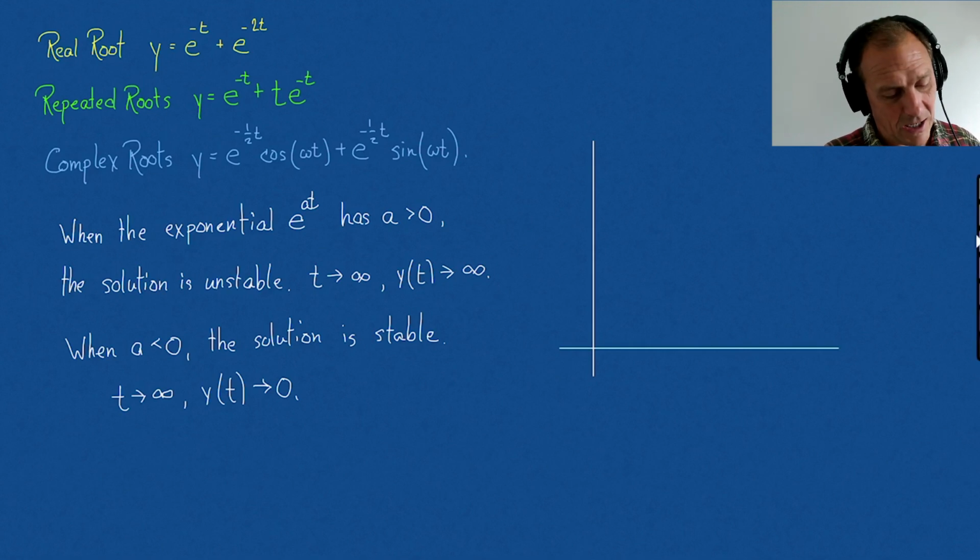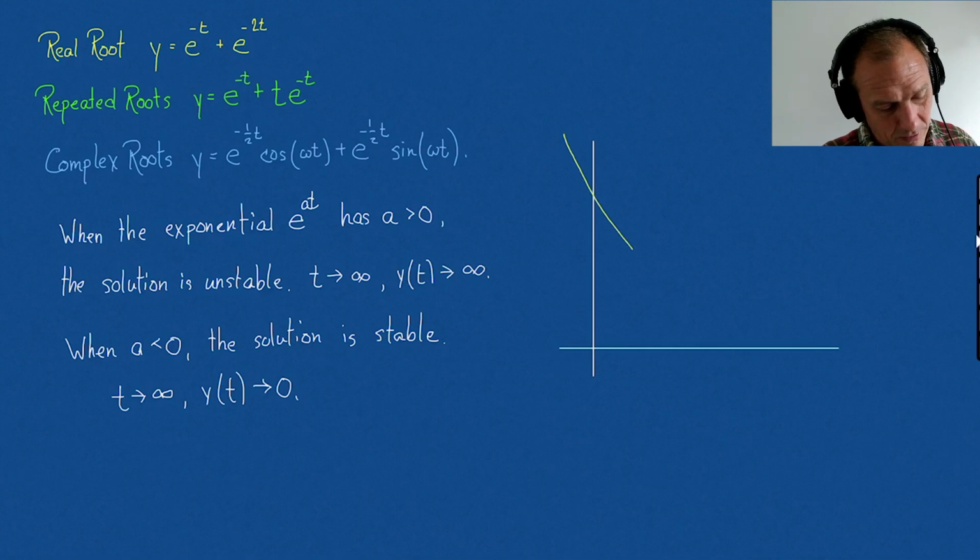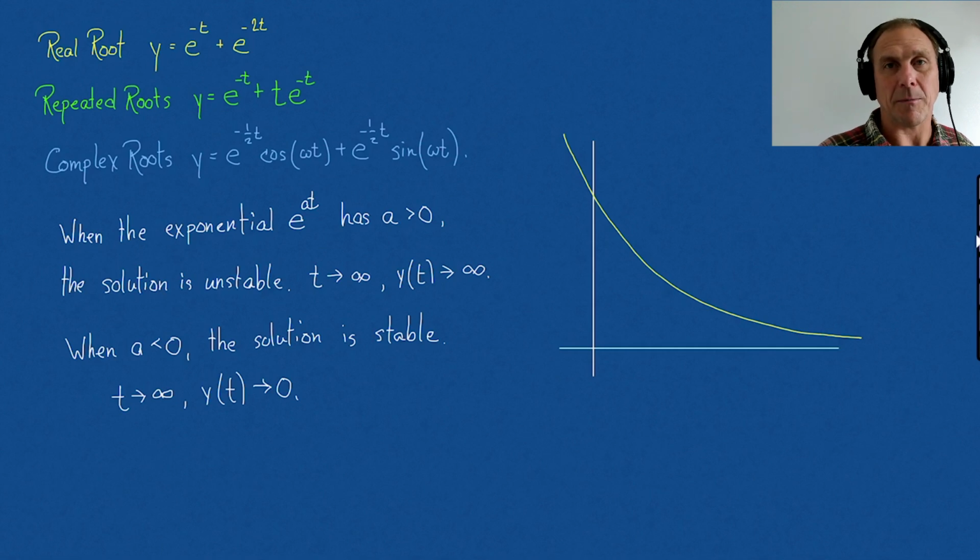If we have a decaying solution or a stable solution, it's just going to come down like this over time, just like when you first learned about the exponential function. Now, when you have repeated roots, notice that your first term is e to the minus t, and that would come down like you would expect this yellow picture to have done. But notice what happens.